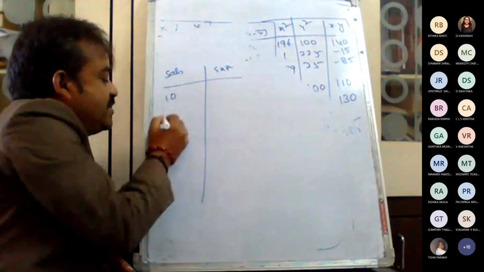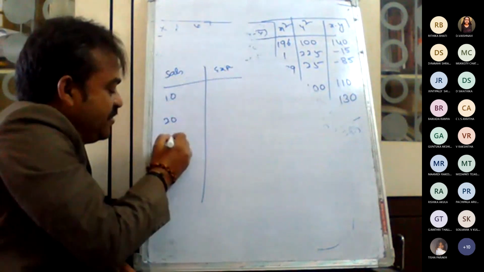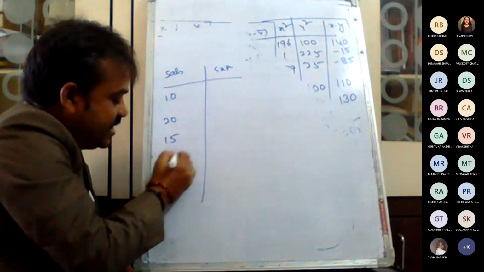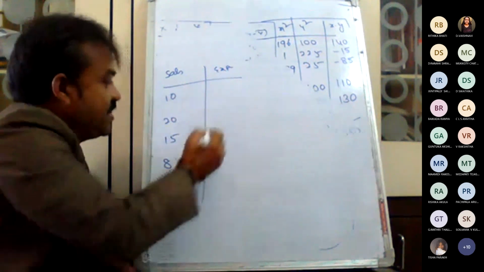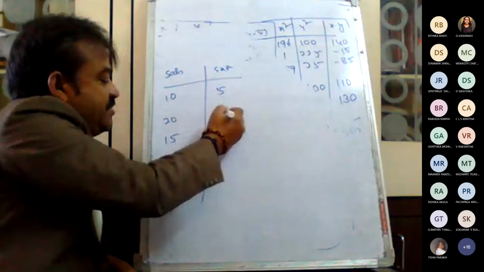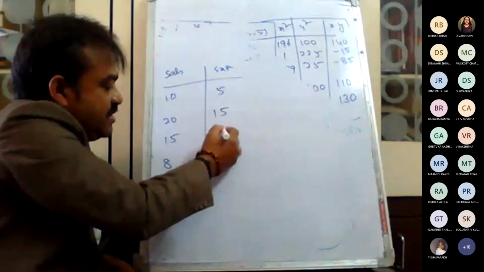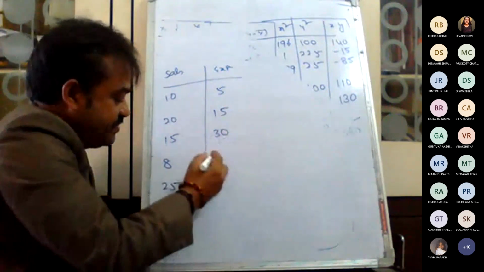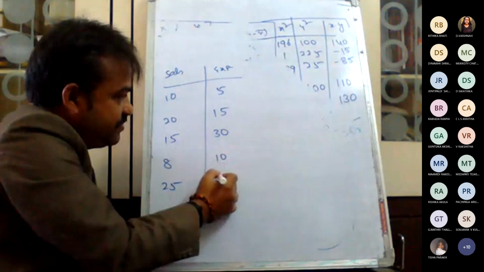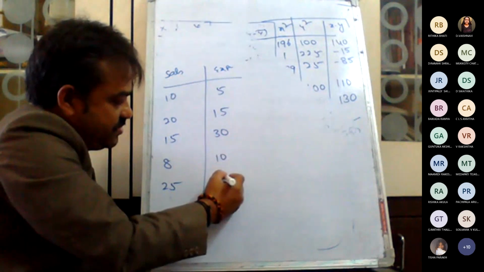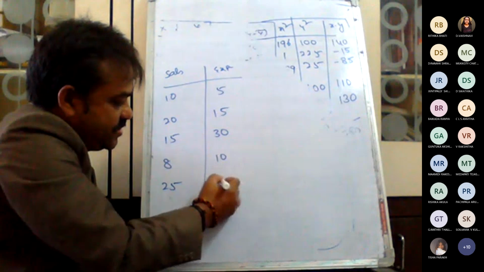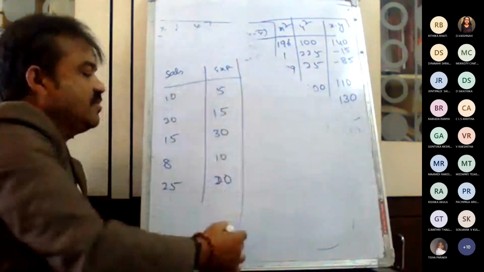These are the sales and advertisement expenditure: 10, 20 crore, 15 crore, 8, 1, 2, 3, 4. One more is 25. This is 5, 15, 30, 10. Now do it.